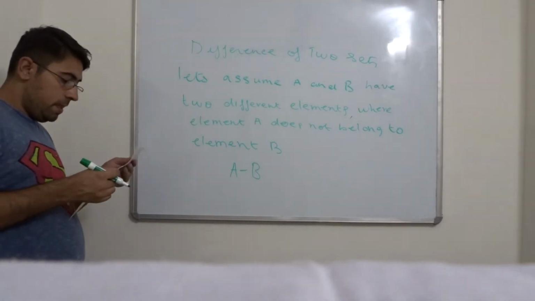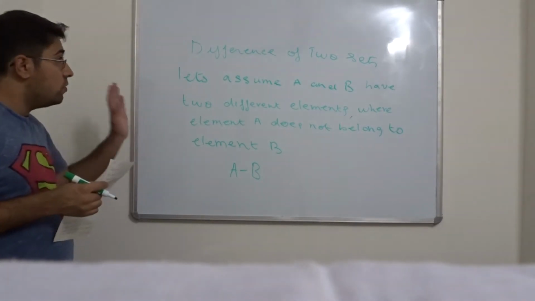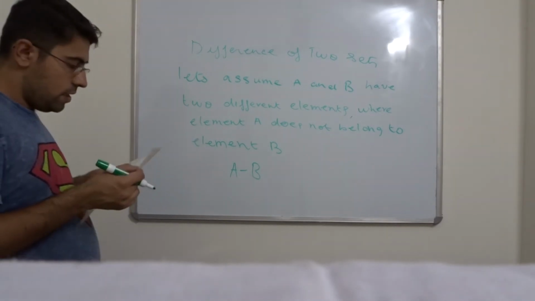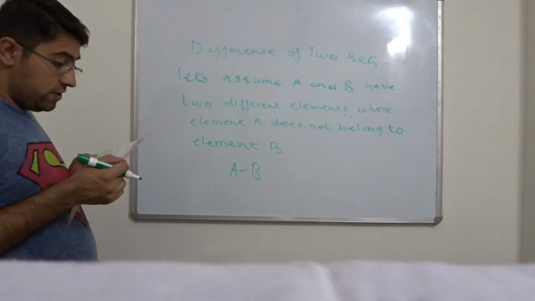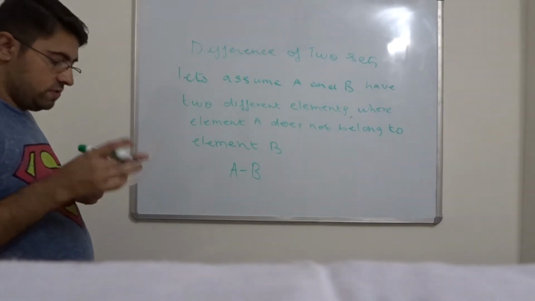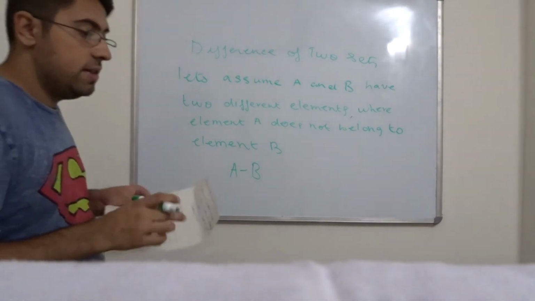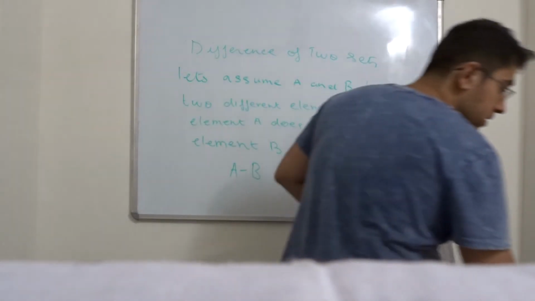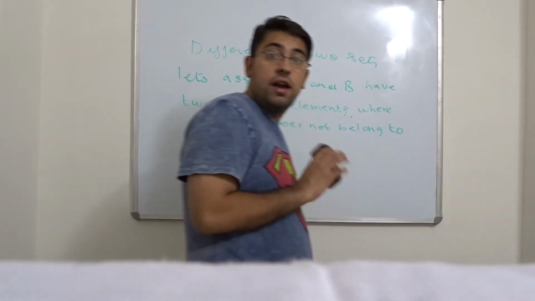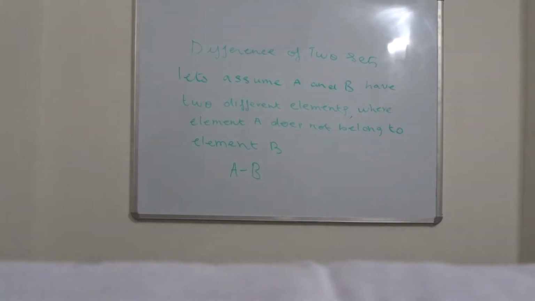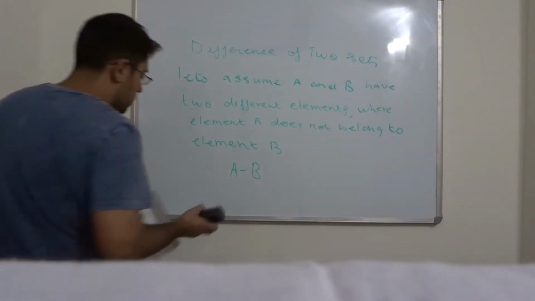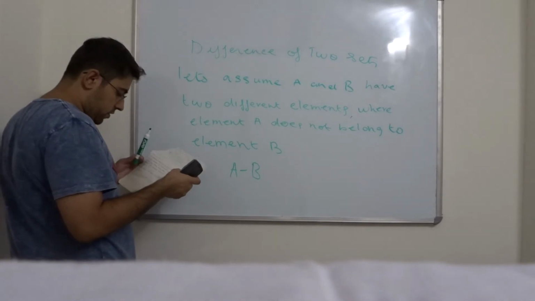So now we are going to focus on complement of a set. Complement of a set is a little more complicated than this, so I'll need your absolutely undivided attention on that.